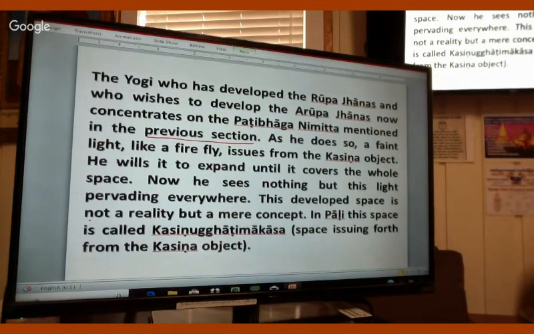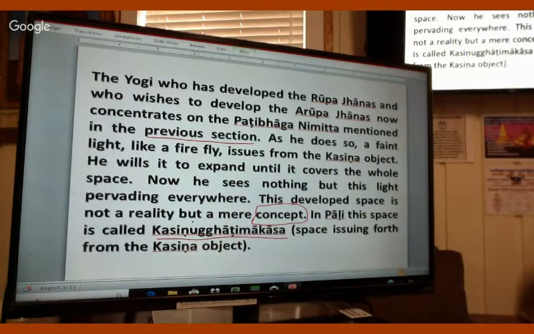That kind of space is not reality, isn't it? Because of the imaginary power of the concentration, it is only a concept, a pannatti. So that kind of concept we call Kasinugghatimakasa in Pali.